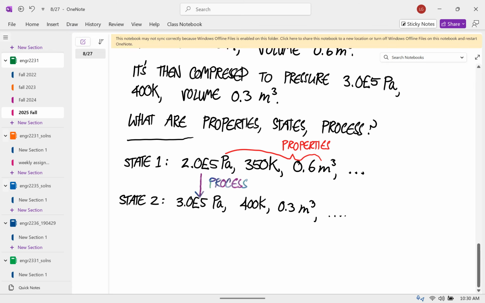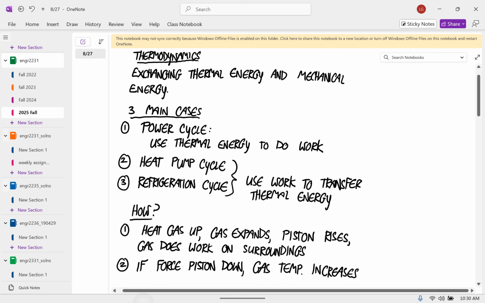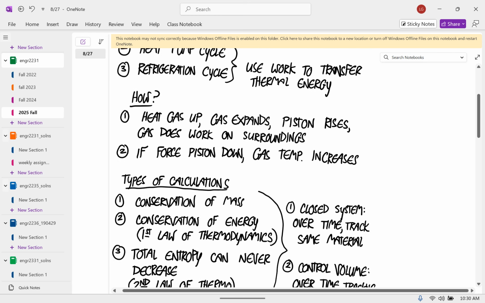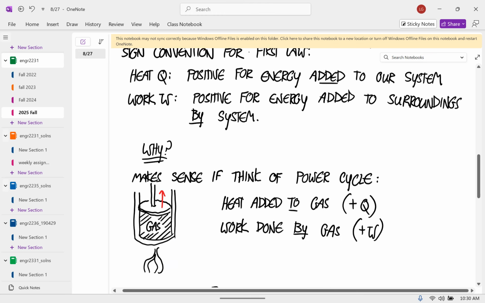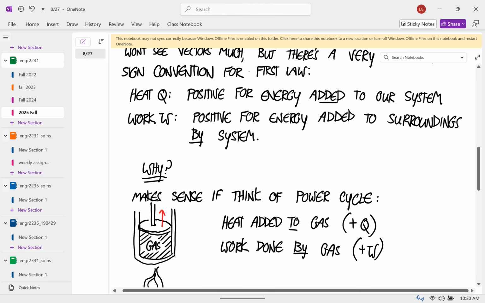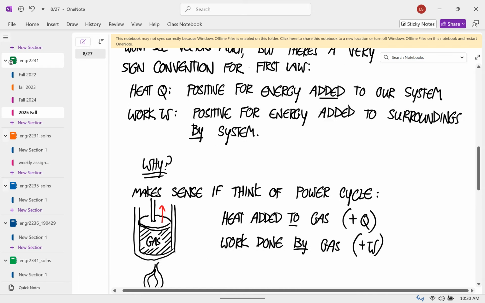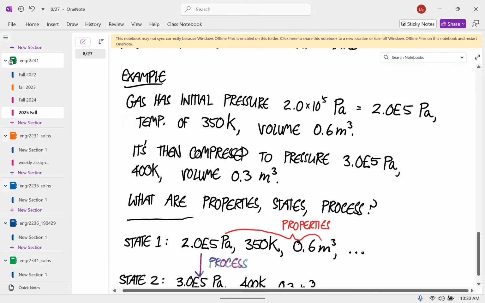By the way, notice that the first law of thermodynamics, conservation of energy, I haven't told you what it is yet, I guess.